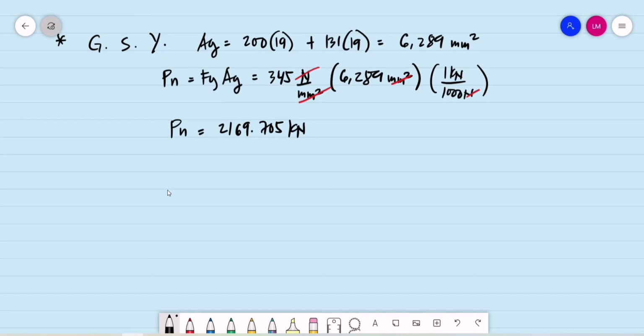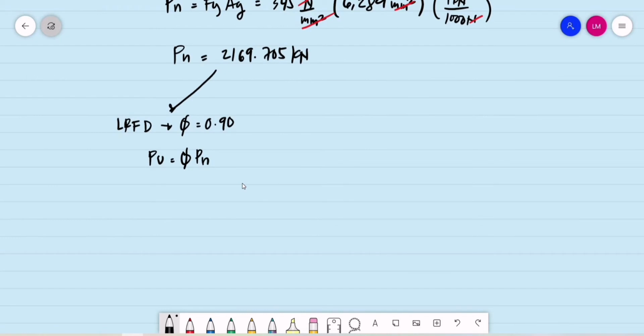Now we are to consider the allowable and the design tensile strength. So that is for the LRFD. Under GSY, we have a reduction factor phi equal to 0.90. So we have the ultimate load P sub U equal to phi multiplied by P sub n. So let's have its value. P sub U is now equal to 0.90 multiplied by 2,169.705 kilonewtons.